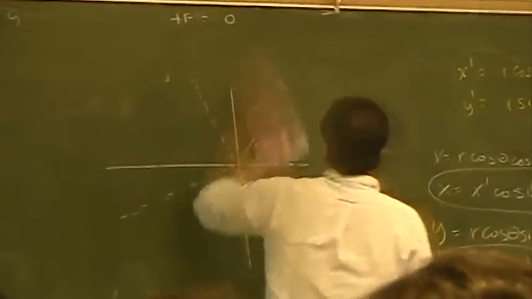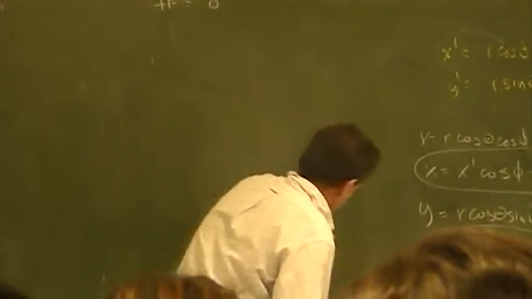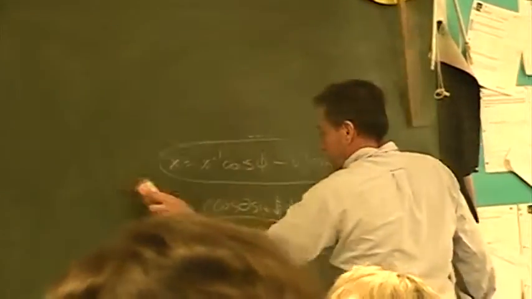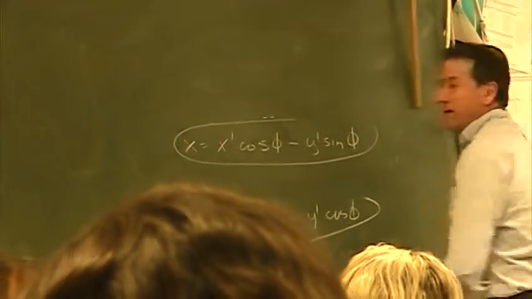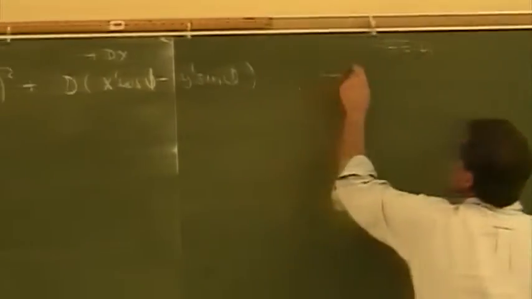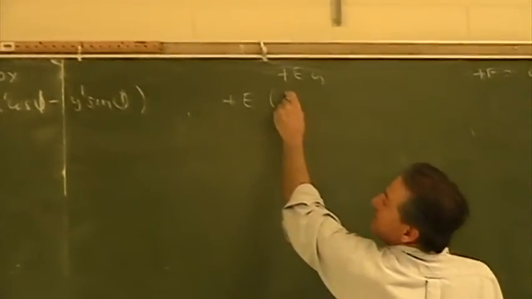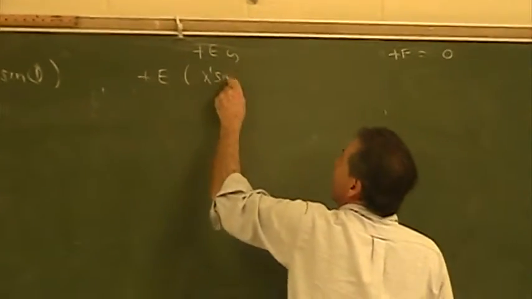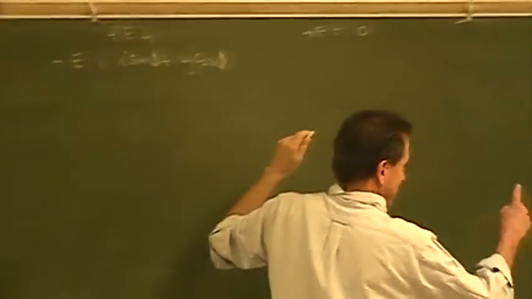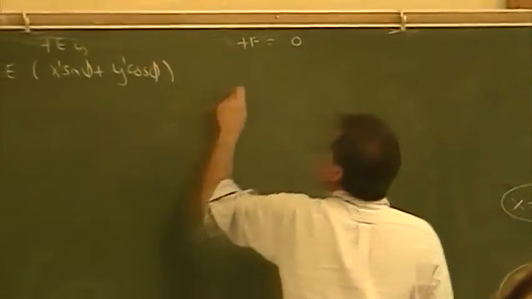What a shame. I might need these. Might not. Those are the equations of rotation. Plus E times y, x prime sine plus y prime cosine. Oh, plus F equals 0.